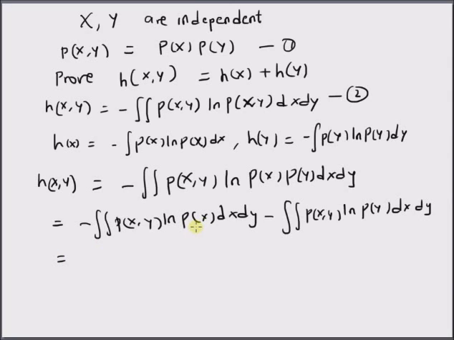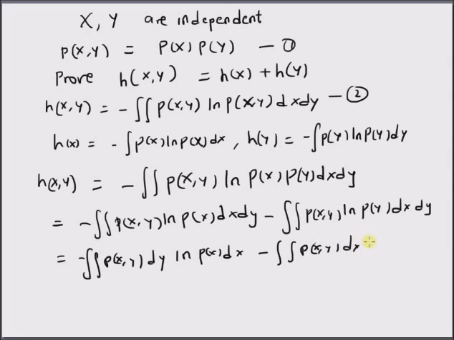There is no y in this probability density, so this integral can be rewritten as the integral of p(x, y) dy multiplied by log p(x) dx, and the same can be done for the other integral, that is p(x, y) dx times log p(y) dy.